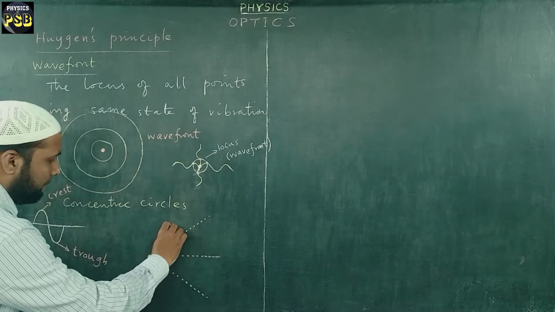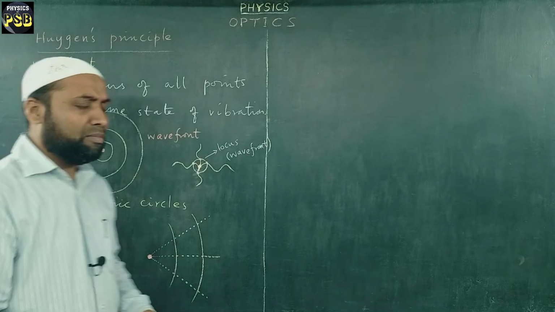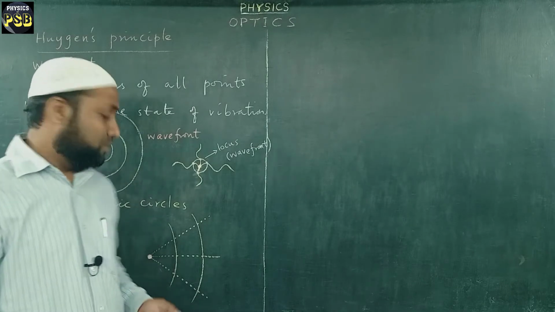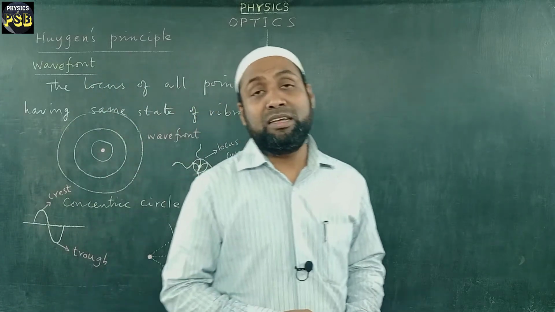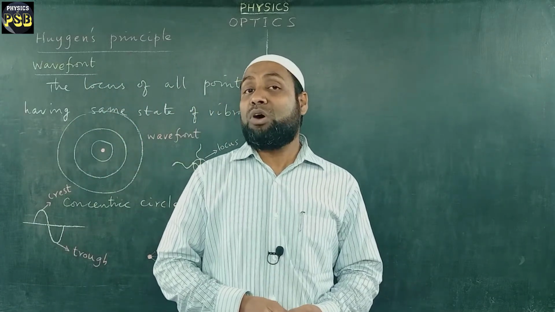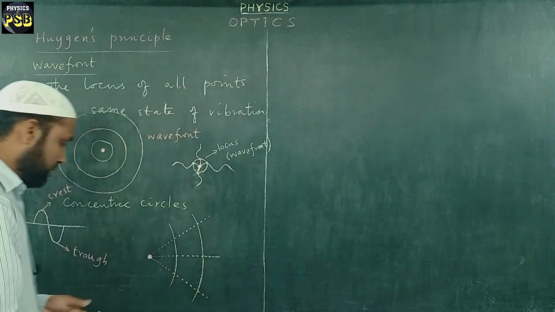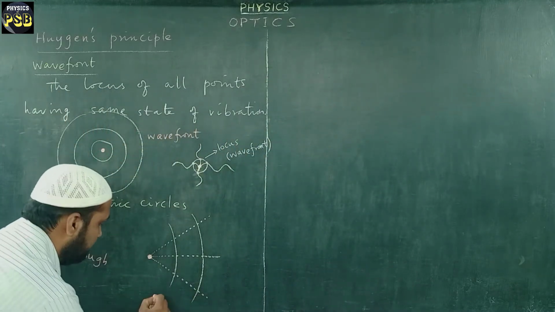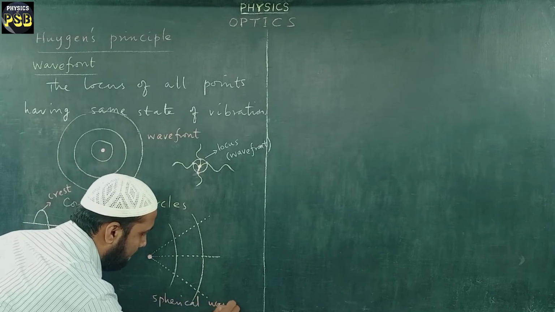And here, wavefronts formed is nothing but spherical in shape. So, a point source at finite distance gives out a spherical wavefront. This is an example of a spherical wavefront.